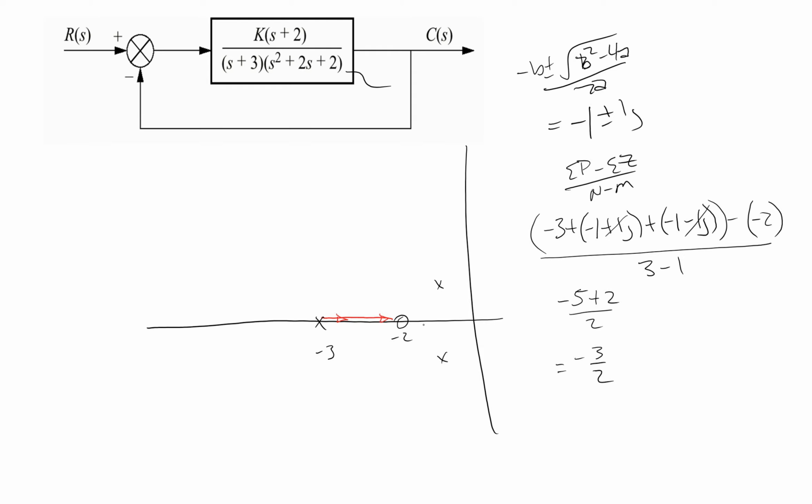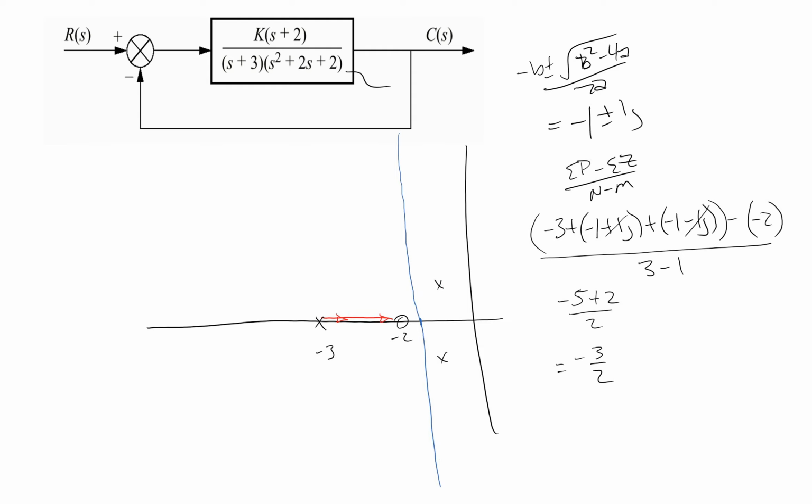Okay, so we can now draw our asymptotic lines because we know that somewhere right in here is where the asymptotes cross the real axis, and we know 3 poles, 1 zero, so we've got 2 poles going to infinity, so it's going to be plus or minus 90 degrees. So our asymptotic line is going to be in here like this.